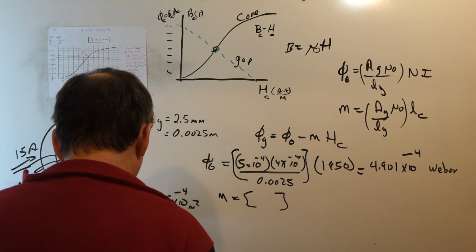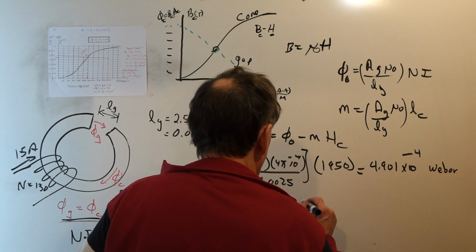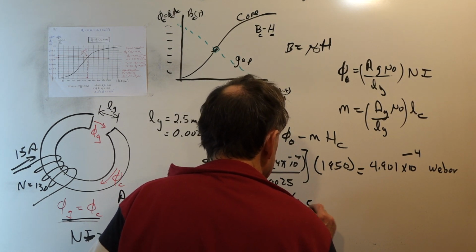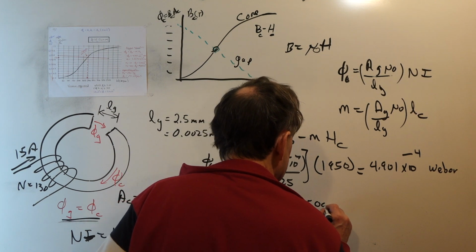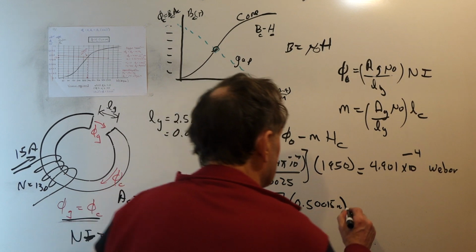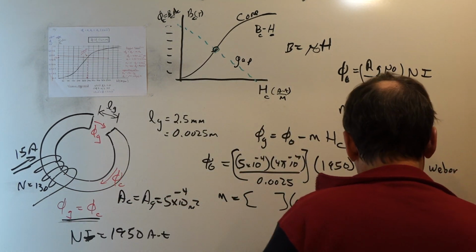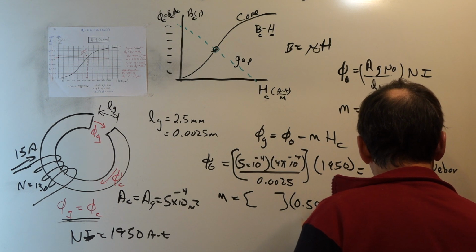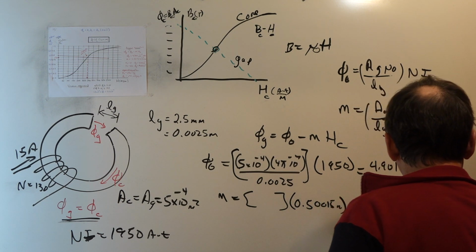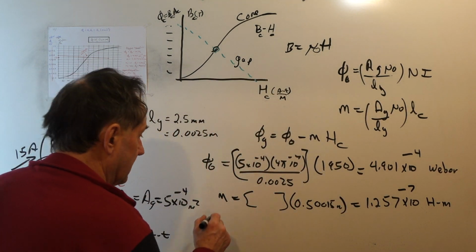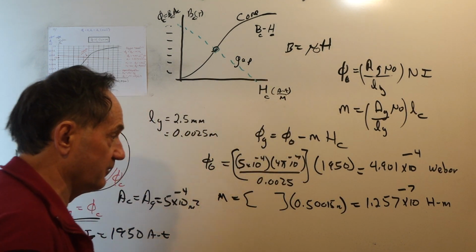Well, the length of the core in this case, remember, was from before 0.50015 meters. And this value comes out to 1.257 times 10 to the minus 7th Henry meters. That's the value of m. The units on our slope is Henry meters.